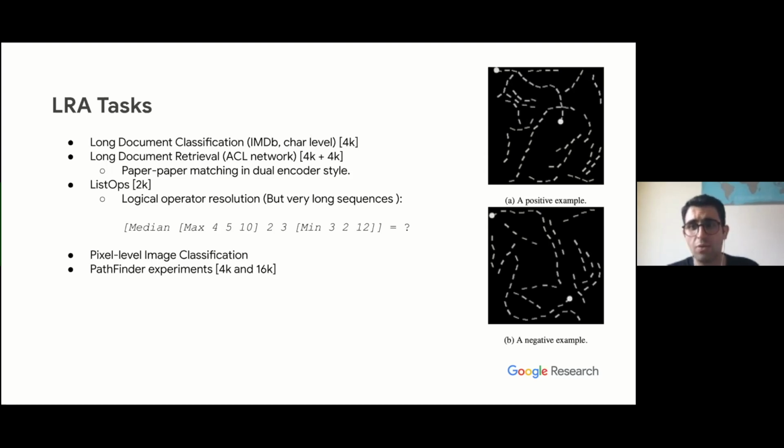The task is that you have these palettes, and you have 2 points, and there are some dashed lines in that palette, and sometimes these 2 points are connected, and there's also noise in these palettes, and sometimes they're not connected. So for example, the top example is a positive example, and the bottom one is a negative one.